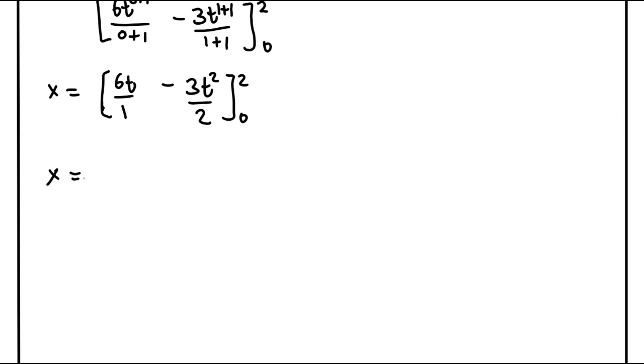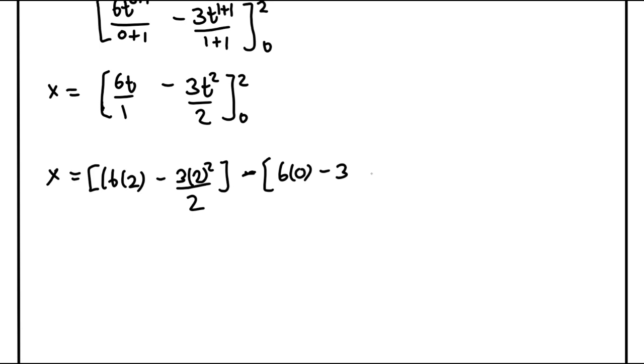We have to start with the upper limit. So that's 6 times 2 minus 3 over 2 times 2 squared, minus the lower limit. The lower limit, we'll put 6 times 0 minus 3 times 0 squared, over 2.